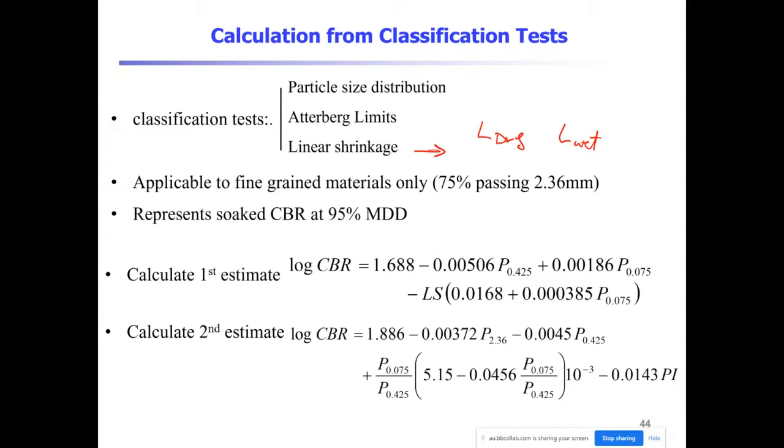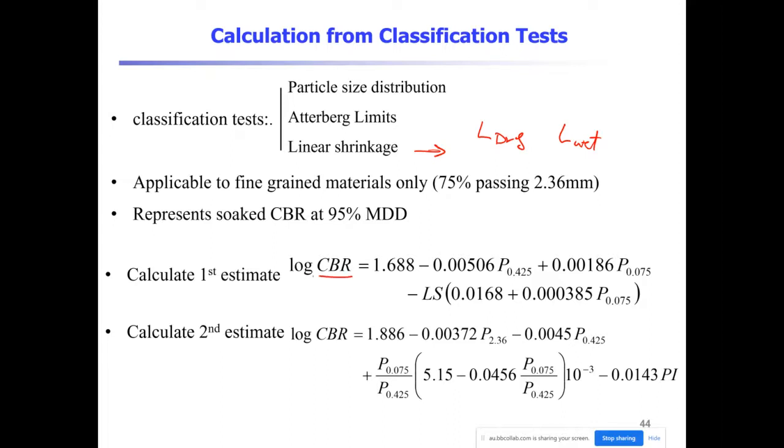In that case, you can use this method. But the CBR value that you calculate is actually the CBR value for the soaked soil at 95% maximum dry density.